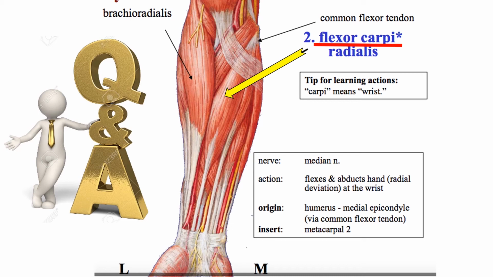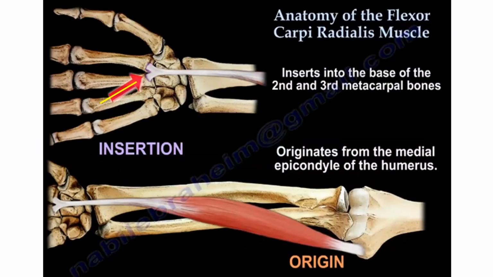Go and find the tendon of biceps brachii, then medial to it, find the pronator teres, and this is the flexor carpi radialis. What muscle is this? This is the flexor carpi radialis. It's coming from the medial epicondyle of the humerus, and it is going towards the wrist.